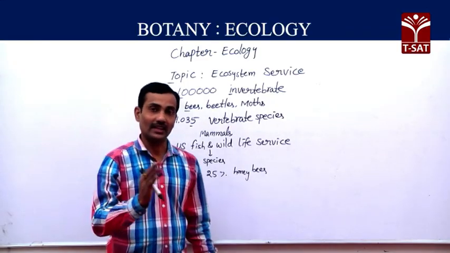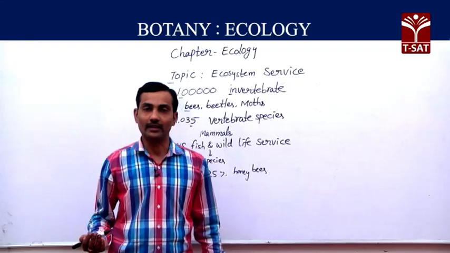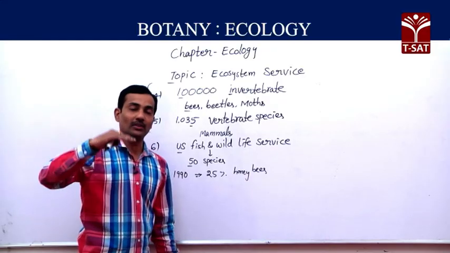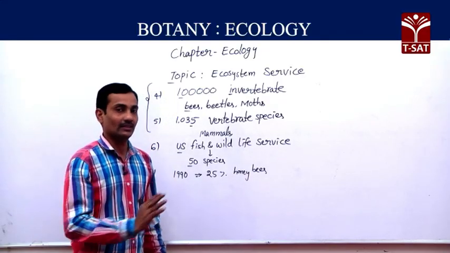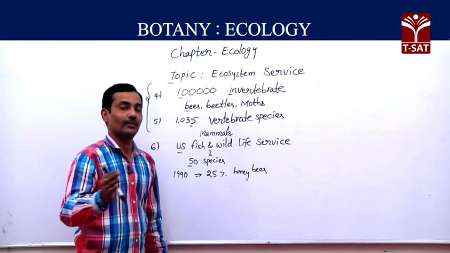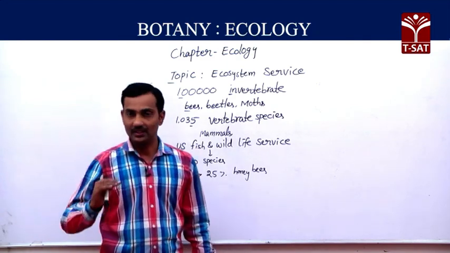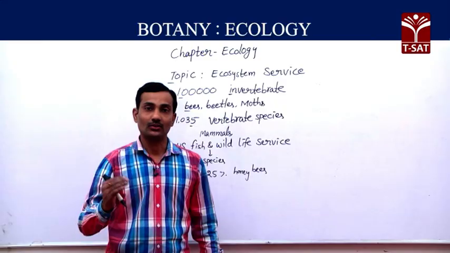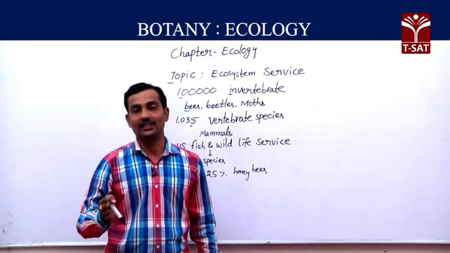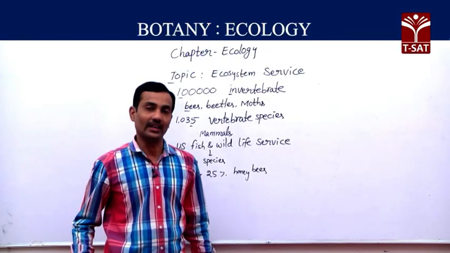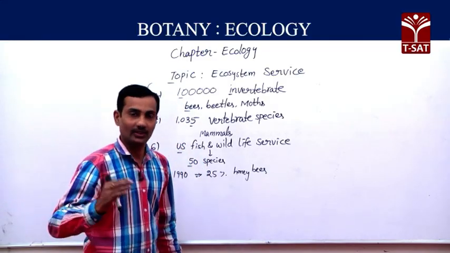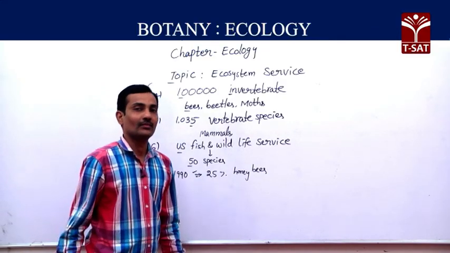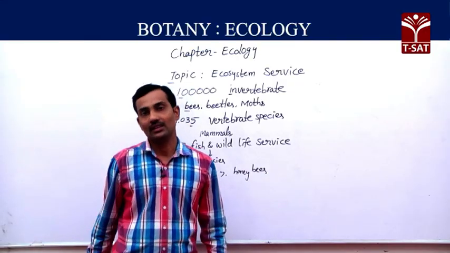Imagine, out of 100%, 25% of these insects' population has decreased. So 25% of agricultural yield decreases in a few areas, and in a few areas 10, 15, 20% of yield decreases because bees are the major pollinator in many places.